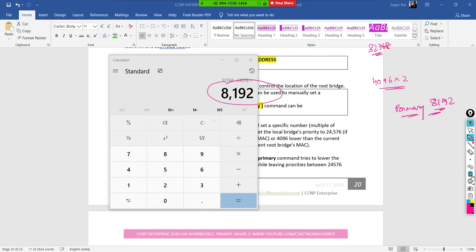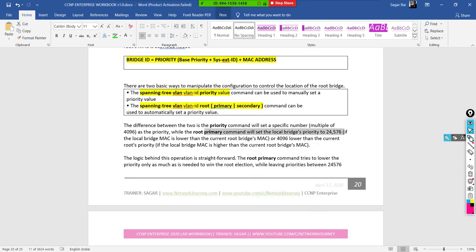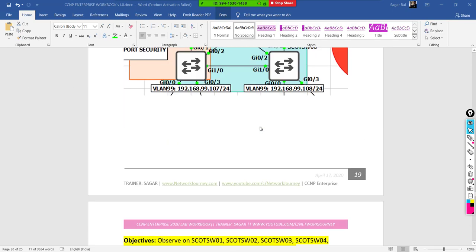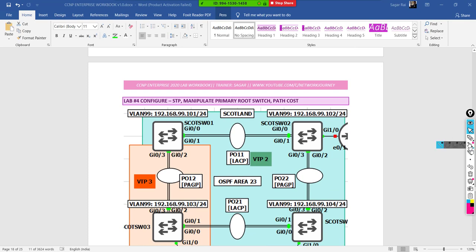Now you might also be in a position where you want the second switch to be considered in a secondary role. Let me show you directly on the screenshot. As we know, one of the lower-end devices had taken the root bridge. Now with the help of the primary command, I set this as the root bridge and it lowered the value by 8192 from 32768.